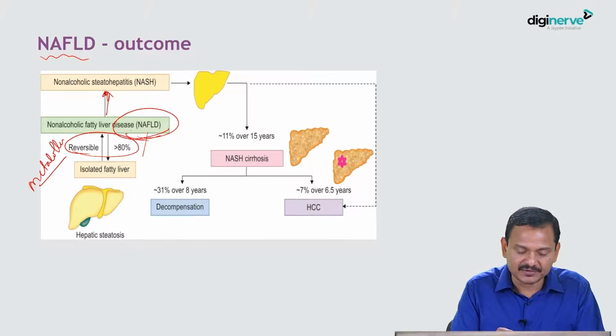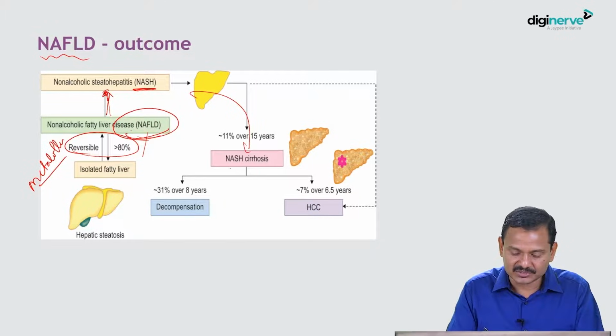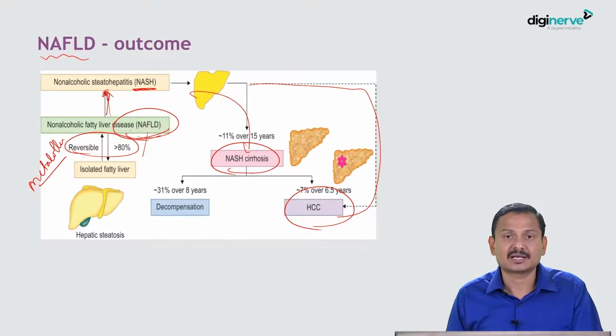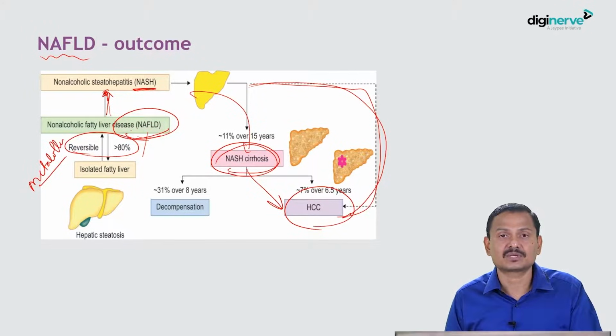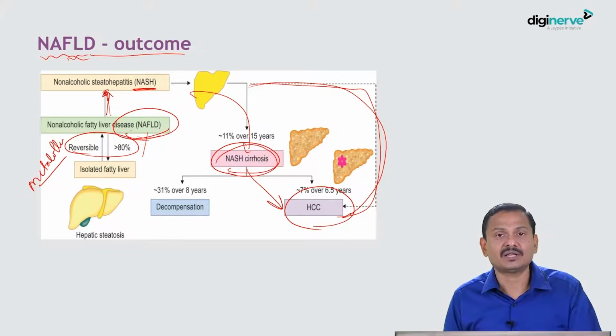Otherwise, this NAFLD will progress to NASH, and NASH over a period of time can progress to cirrhosis, as well as to hepatocellular carcinoma. Cirrhosis can also go to carcinoma, or it can directly go to hepatocellular carcinoma. So that is the outcome of non-alcoholic fatty liver disease.